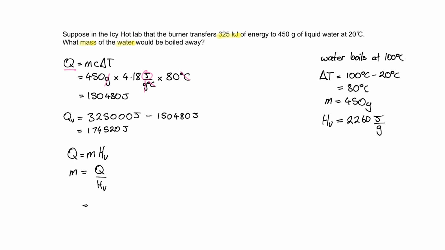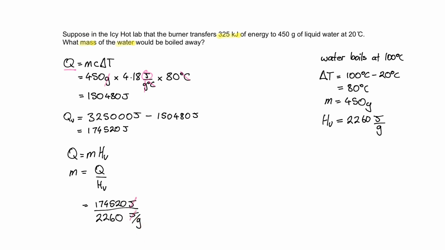We can put them straight in. So our Q is equal to 174,520 joules, and our HV is equal to 2260 joules per gram. Doing a quick unit check, we have joules over joules, so they can cancel.